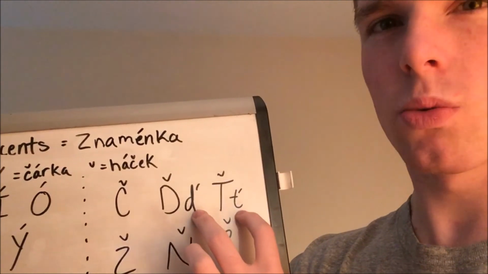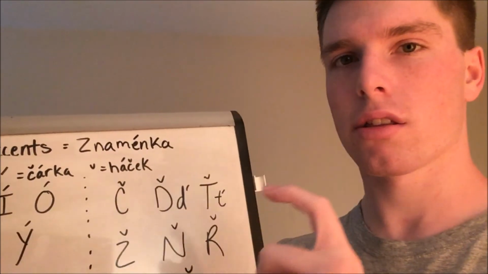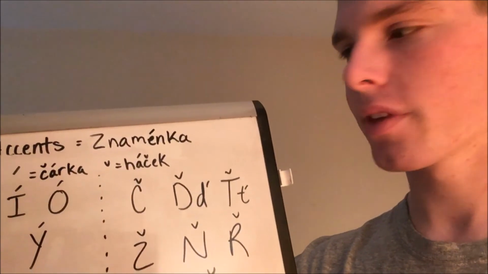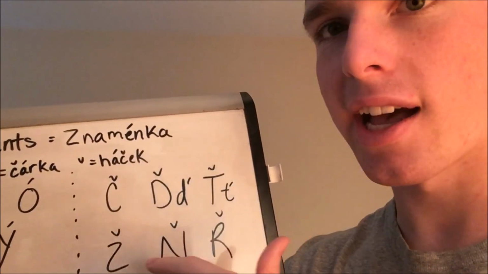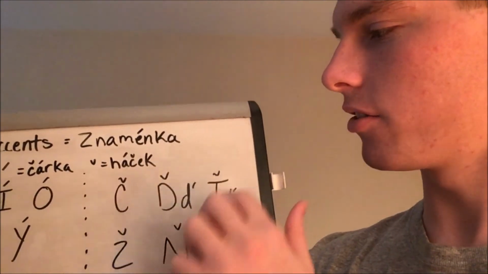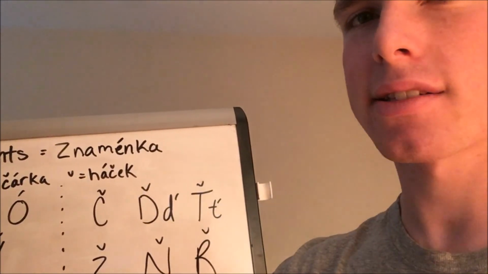Dat and tat are a little weird. They kind of have a J thrown into it, where da and ta go to dje and tje. And they don't have to have these accents on them to sound like that, and this is something I didn't even know.